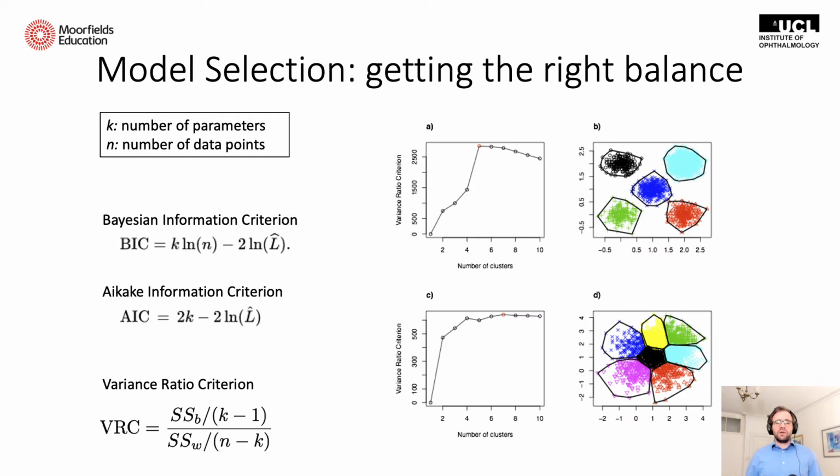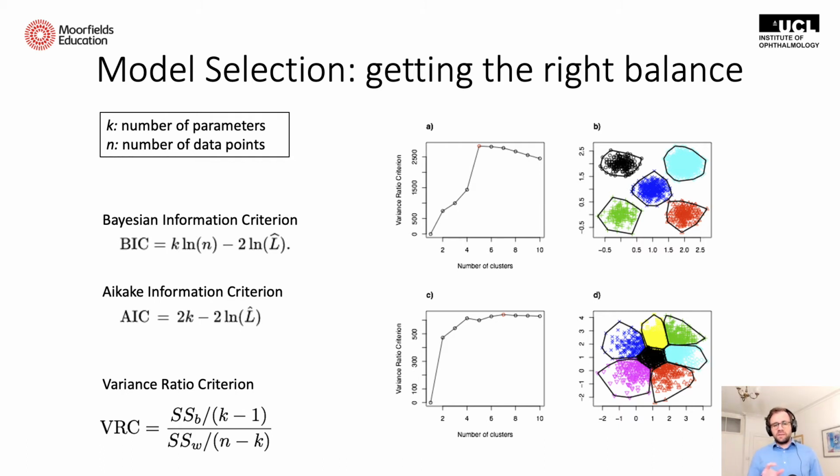So using the variance ratio criterion, the definition is actually similar to the mean square error definition in a way, in that we're comparing SSB, which is the sum of squares between the clusters, with SSW, which is the sum of squares within the clusters, while penalizing for a large k.